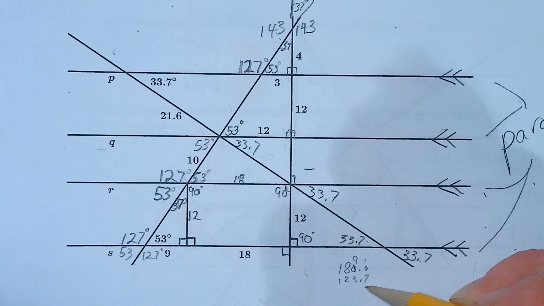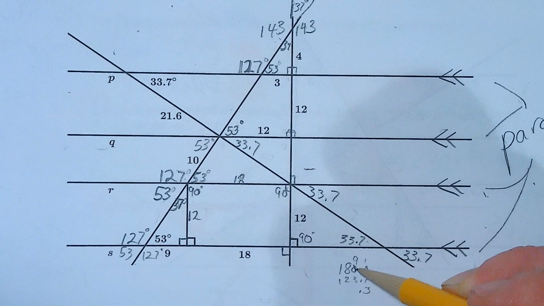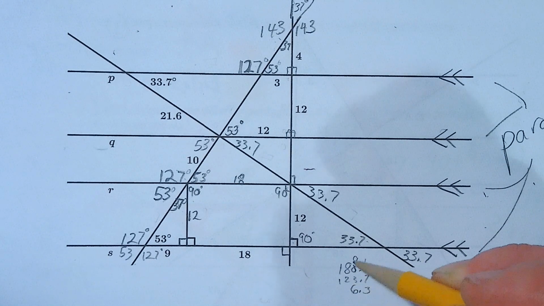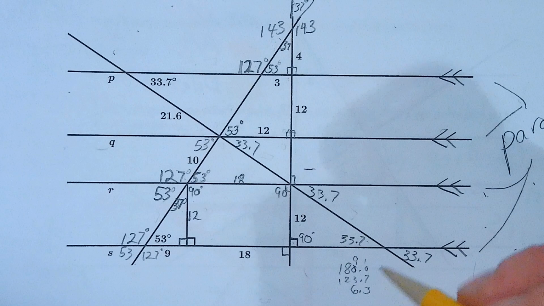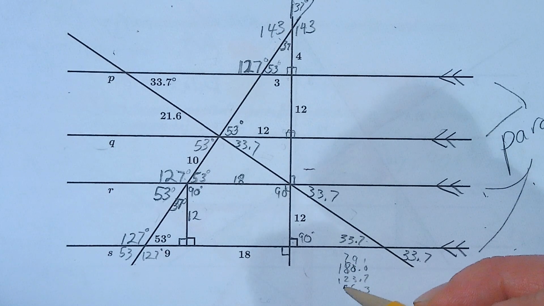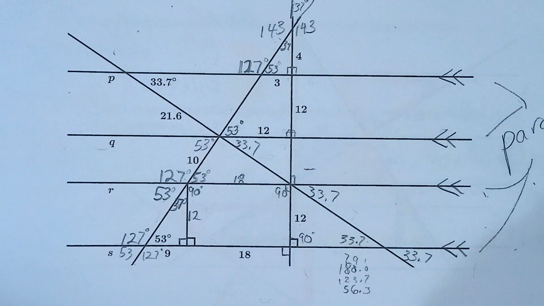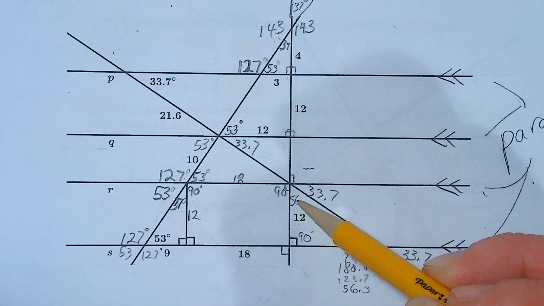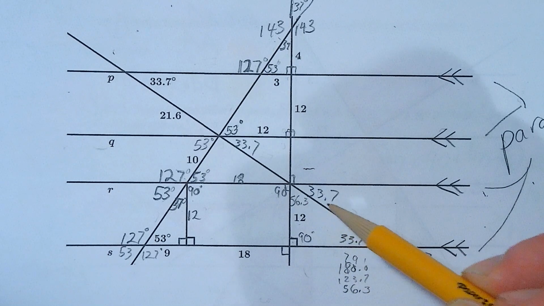This is a 10, so it's 3. 9 minus 3, 6. 8 minus 2 is... Wait, we borrowed from there to make that a 10. So this is a 7. So that's 5. 56.3. Checks out. I think.